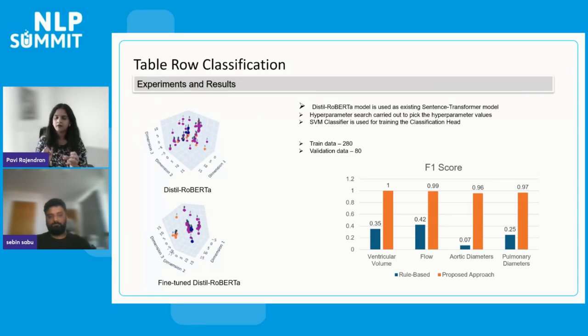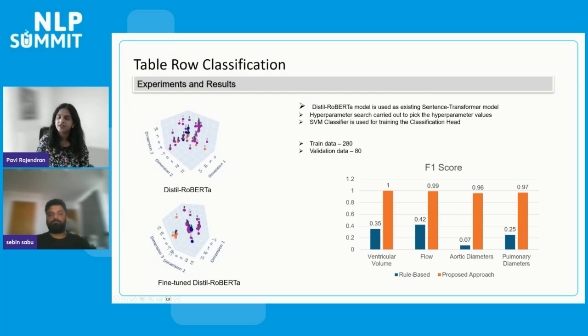Our annotated data was split into 280 examples for training and 80 examples for validation. On the left, I've added the UMAP visualization of the embeddings of the examples in the training data before and after fine-tuning.